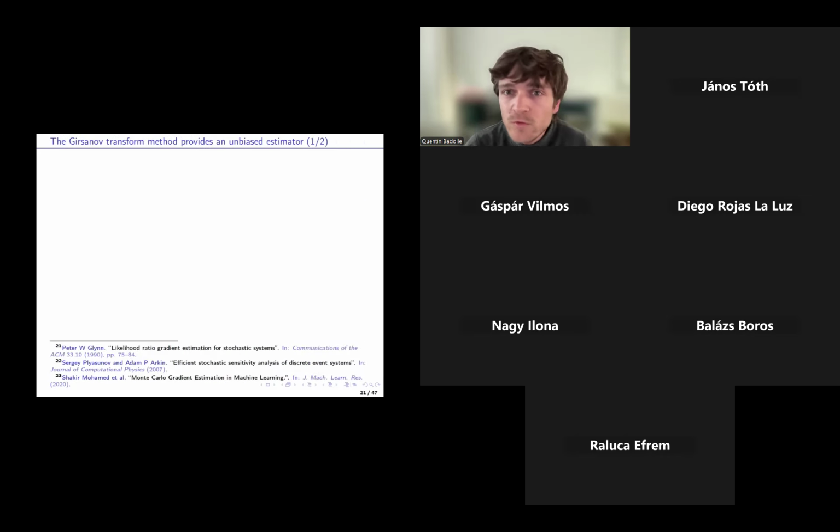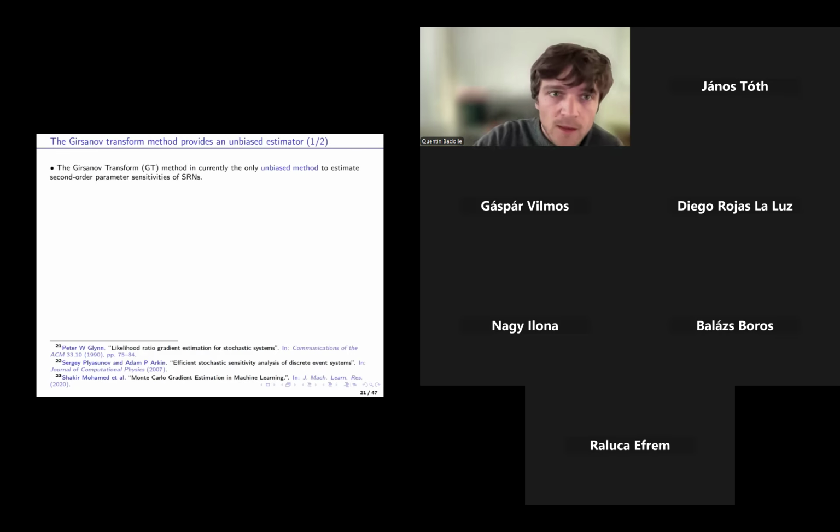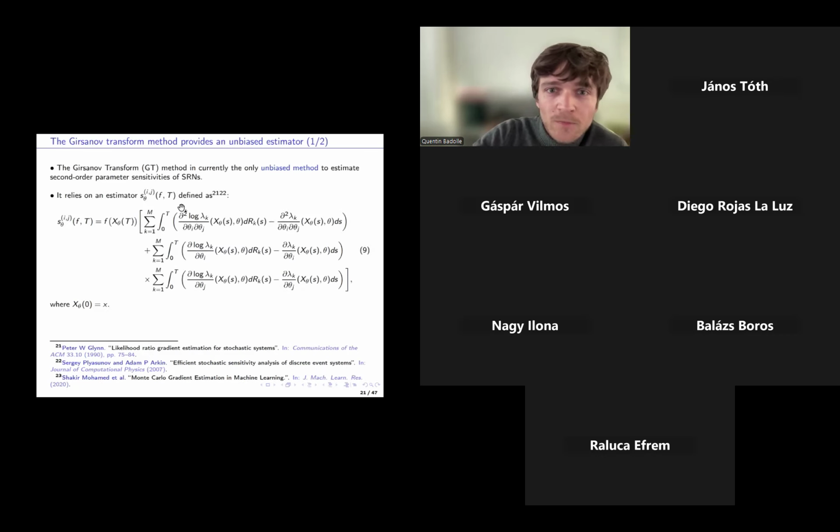So previously, for first-order sensitivities, I mentioned this likelihood ratio method. In the field of chemical reaction networks, it is actually usually called the Girsanov transform method. And this provides an unbiased estimator of second-order sensitivities. So this is the formula, which I'm not going to spend too much time into each part of the formula, but the structure is important.